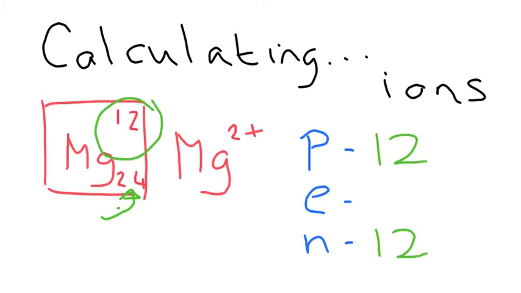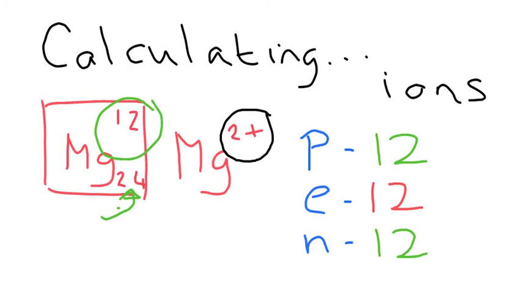In terms of working out the electrons, we have to look at two things. We have to look at how many electrons we would have started with purely as an atom. So in an atom, if there are 12 protons, there must be 12 electrons. However, what we have to consider is the charge on the ion.